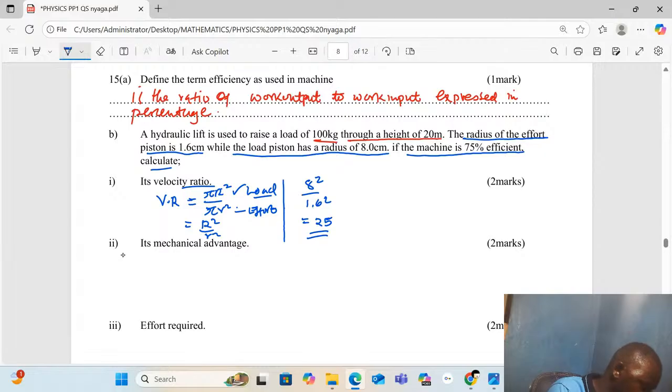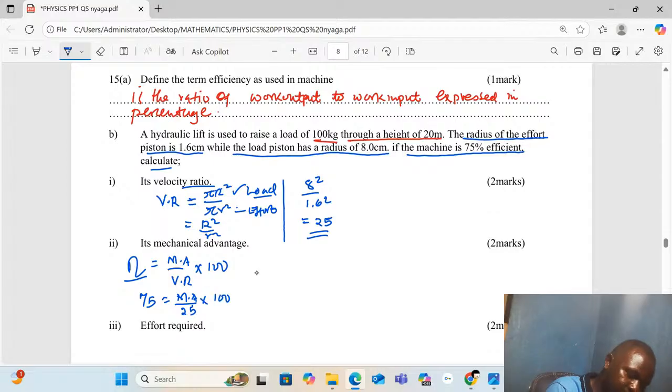So we know that efficiency is given by mechanical advantage over velocity ratio times 100. So 75 is equal to M, which we are looking for, over our velocity ratio of 25, times 100.